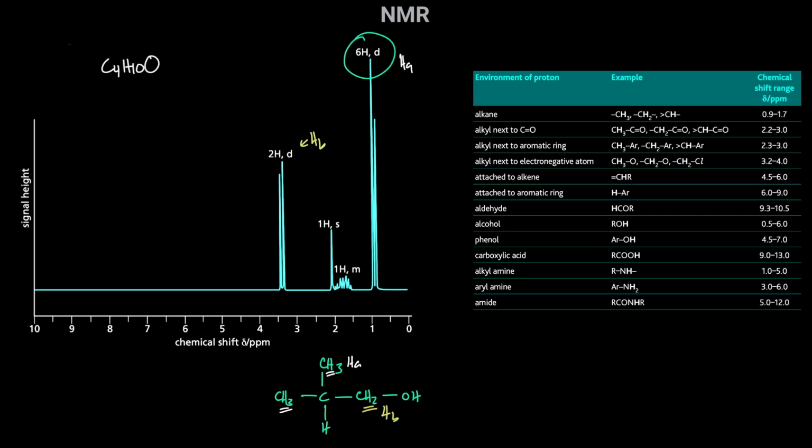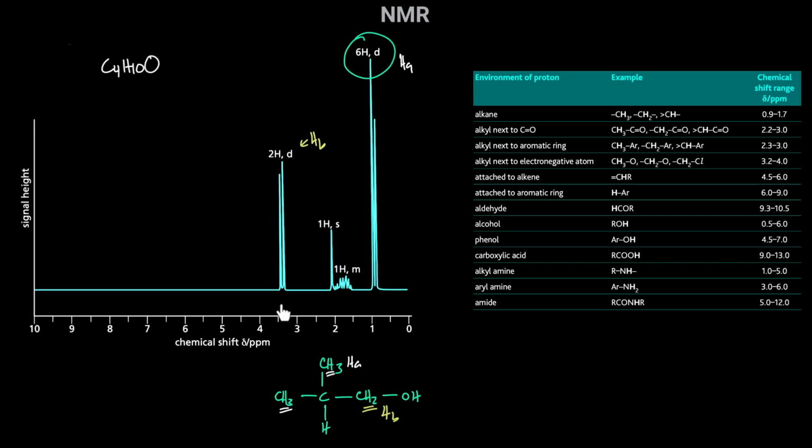The reason why is because this CH2, these 2 protons, HB, was split into a doublet by the neighboring carbon that was bonded to one proton, and it shifts in the range 3.2 to 4 parts per million, roughly 3.4 in this case, which means that this carbon is directly bonded to an oxygen.